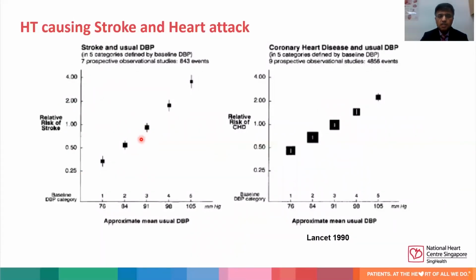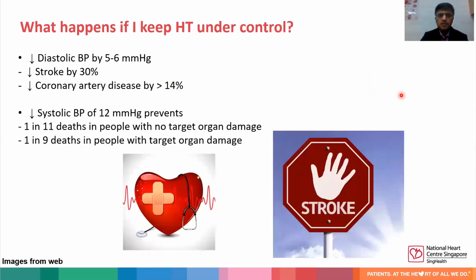So as you can see here, when the blood pressure trend increases, which is in the diastolic pressure, the risk of stroke as well as the risk of heart attack, coronary heart disease, increases incrementally. So what happens if I control the blood pressure? Even by reducing the diastolic blood pressure by 5 to 6 mmHg, the stroke risk is reduced by about 30% and the heart disease risk is reduced by more than 14%.